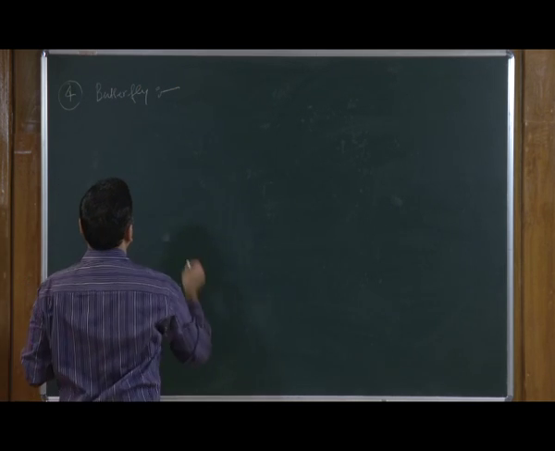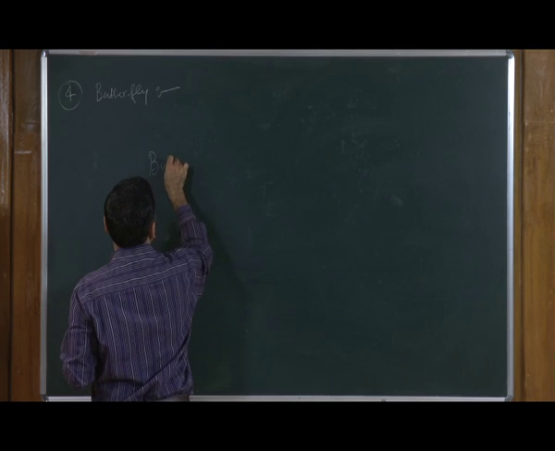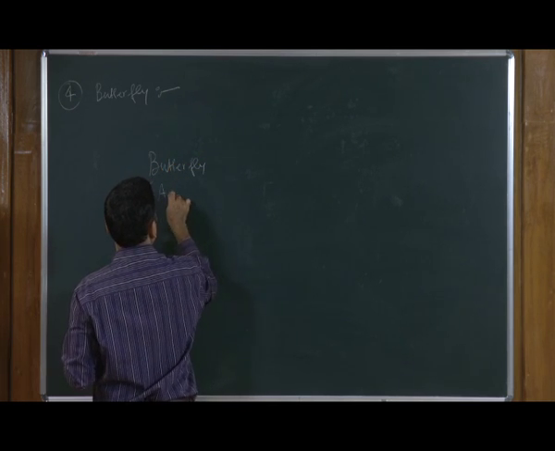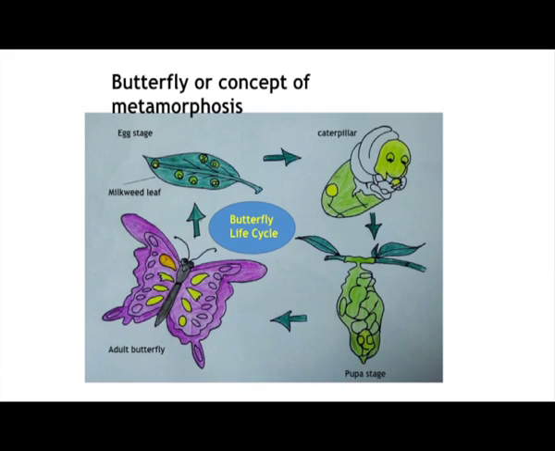So, you know the butterfly. So, you can see the slide, okay, and this butterfly is actually the female butterfly, during the mating. So, this female butterfly is mating with the male butterfly, and that is how it is producing the eggs. Okay.